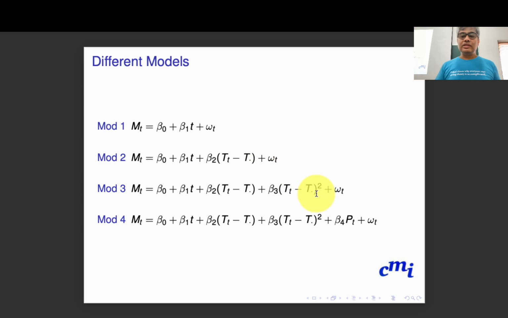So this is the differencing effect and quadratic effect of the trend. That is what it is giving. And then after modeling everything for the trend, is there anything left which is correlated with the particulates, where the mortality is correlated with the particulates?